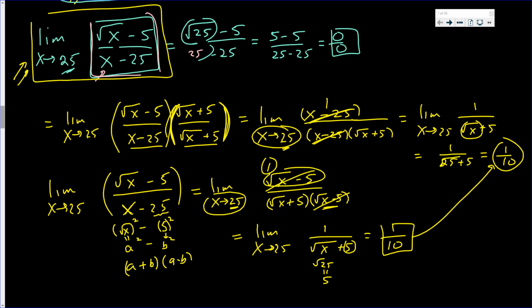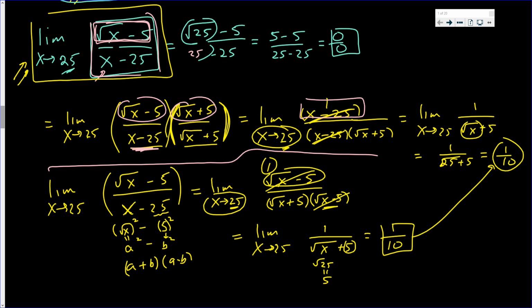In the first case, we changed the way the square root of x minus 5 looked. Because I took the square root of x minus 5, I multiplied it by this, and then it came to be x minus 25, which was one of the factors in the bottom. Okay. In the second way, this time I took the bottom.